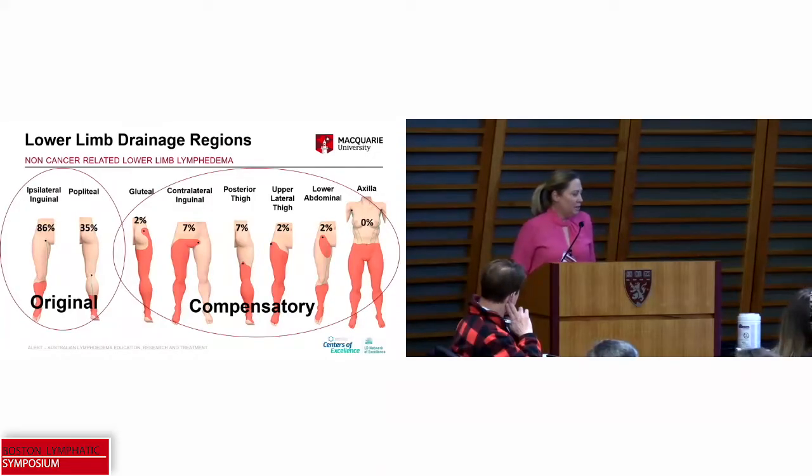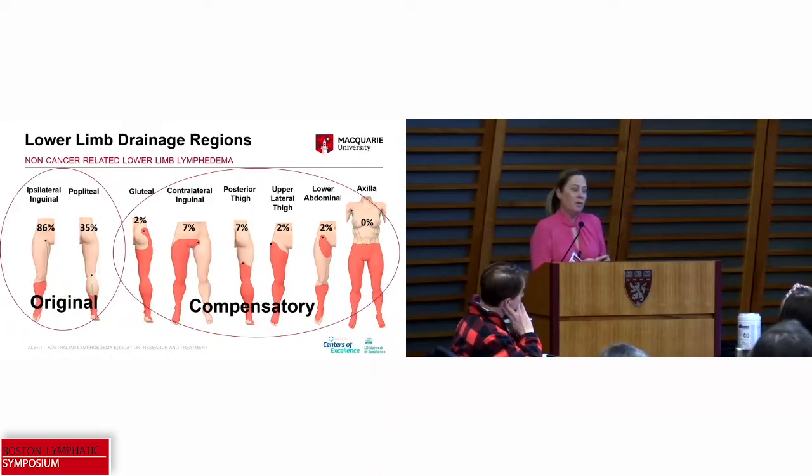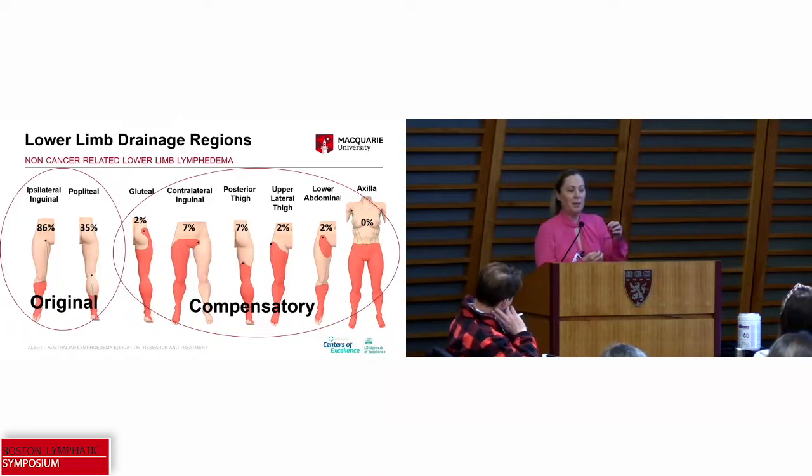Yeah, look, we tend to look at it in relation to the MD Anderson cancer staging scale. So it's more that we see in the earlier stages, in the milder cases of lymphedema, we do tend to see drainage maintained to those original regions. But as for whether it's a bit of a chicken and egg situation, is it going to the original region because it's milder lymphedema, or is it a milder lymphedema because it's draining to those original regions?